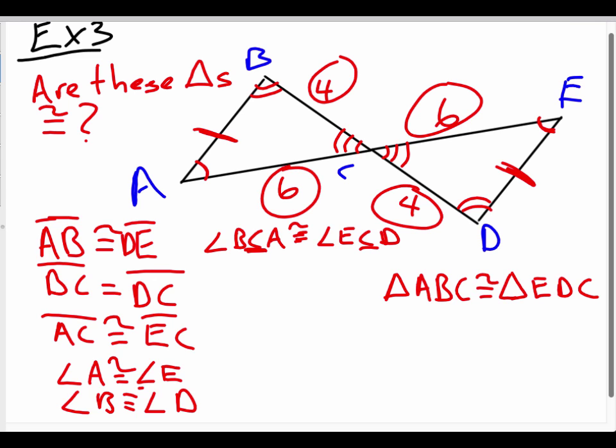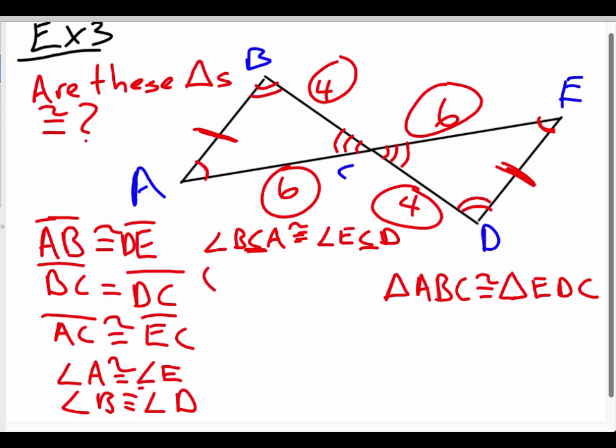Yes? Since angle A and angle E are congruent, and angle B and angle D are congruent. No, it's easier than that. Yes? It's not given to us. Yes? No. It's something.